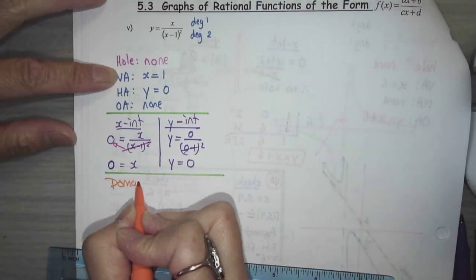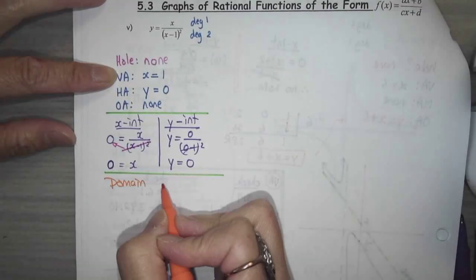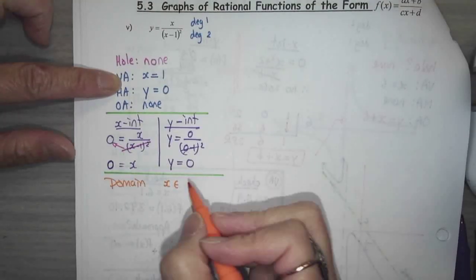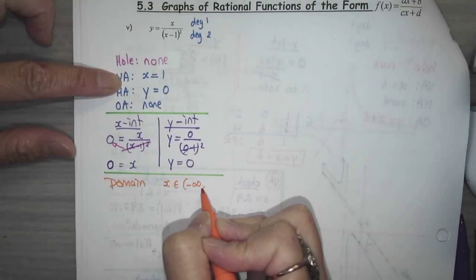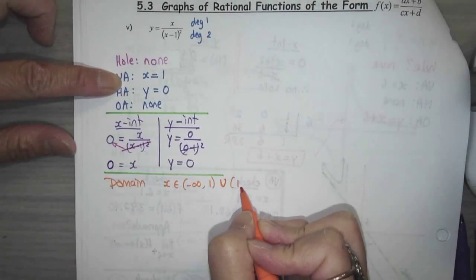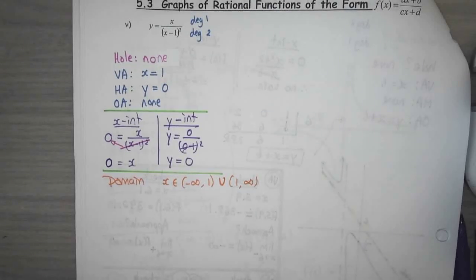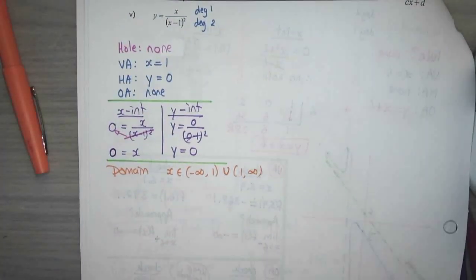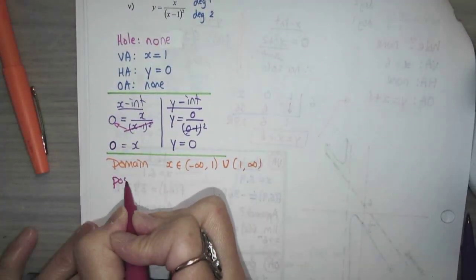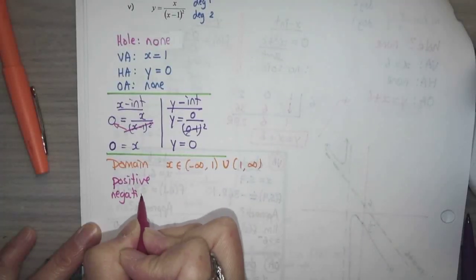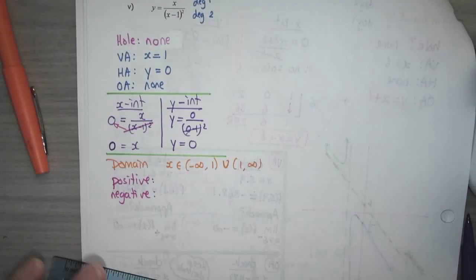There's no hole, but there's a vertical asymptote, so x is from negative infinity to 1, or from 1 to infinity. Okay, and that's my domain. Positive and negative intervals, we'll come back to that in a minute after I graph.